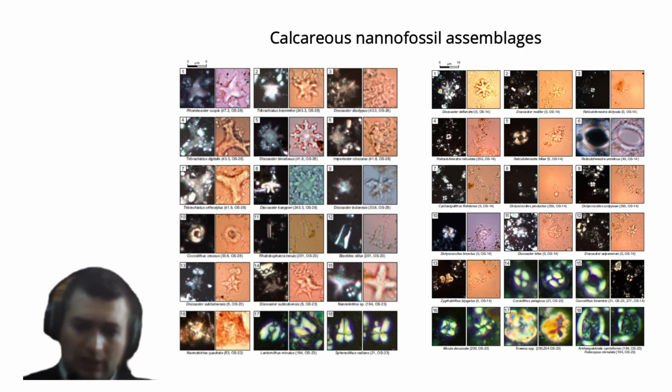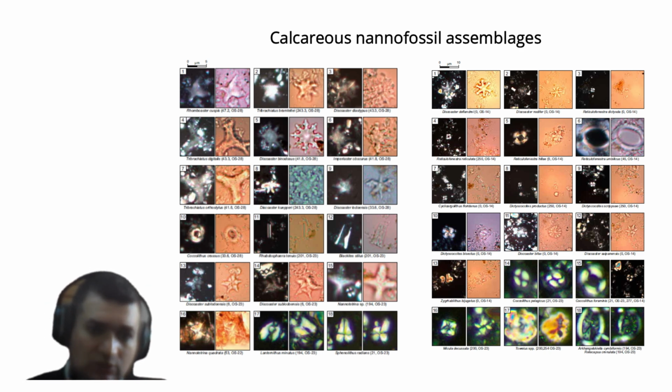After studying these slides, we found calcareous nanofossil marker species like Tribrachiatus, Discoaster, Nannotetrina fulgens, Coccolithus, and Reticulofenestra. We also found Paleocene and Cretaceous species in less preserved assemblages.